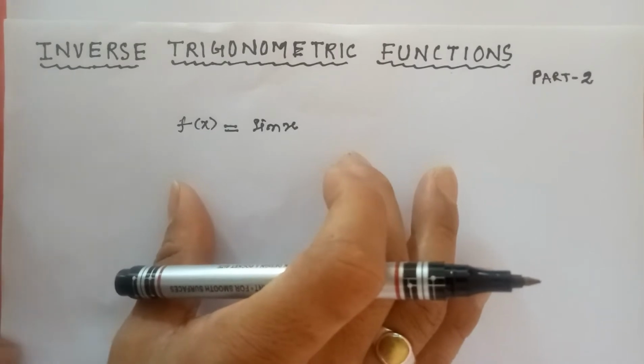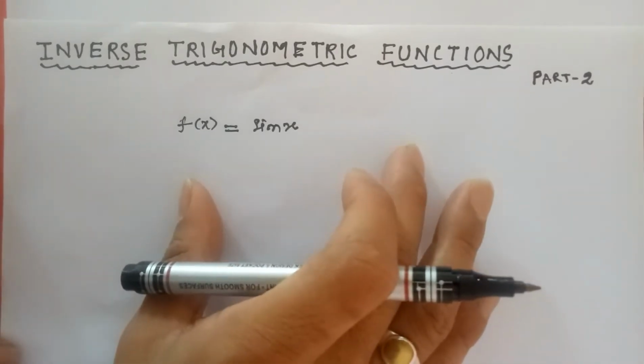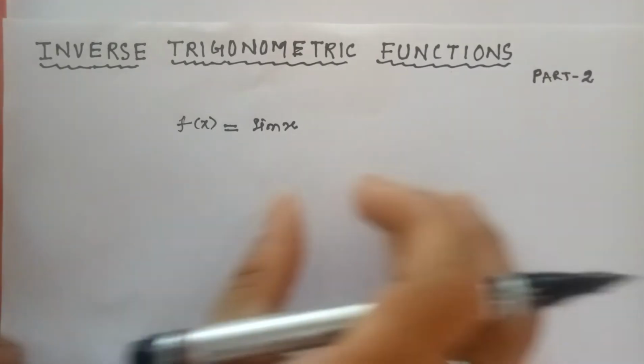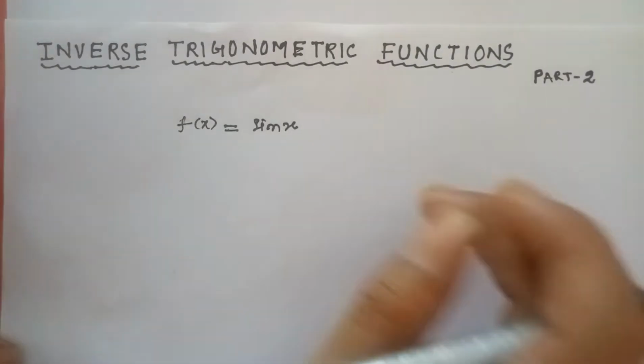Generally, we know the domain and the range of sin x: the domain is the real numbers, R, and the range is from -1 to 1.